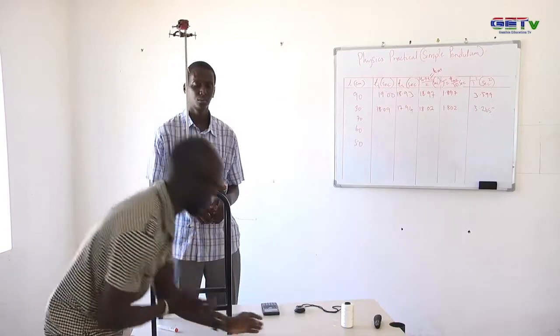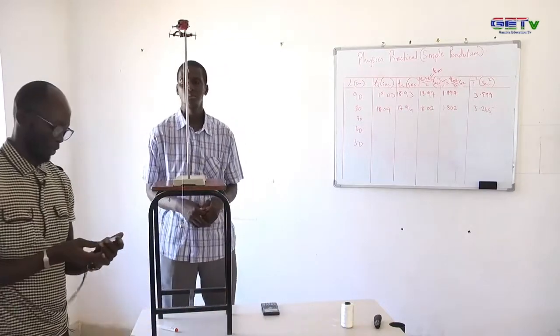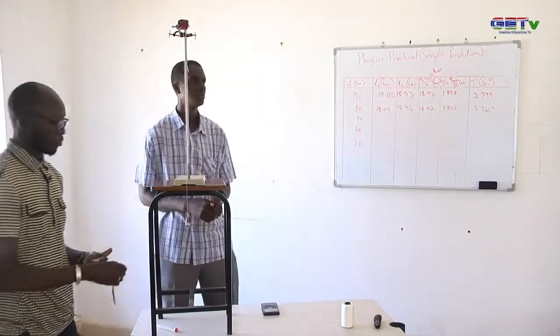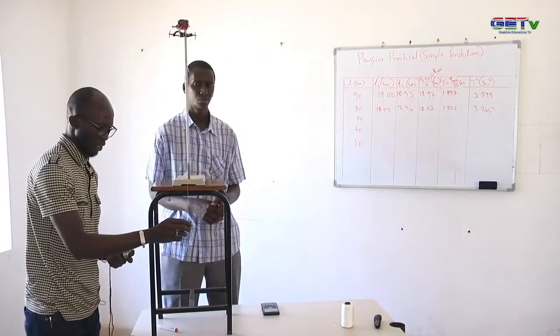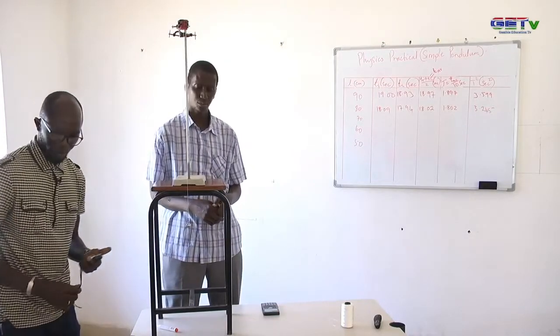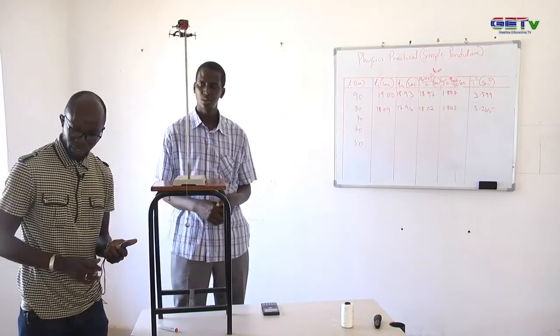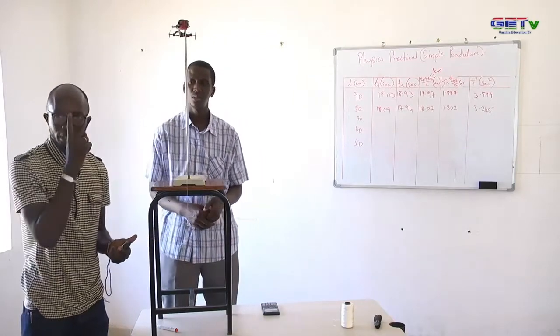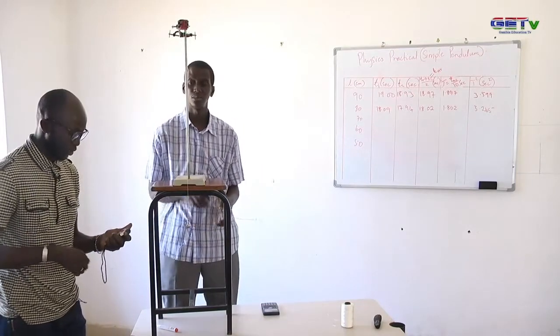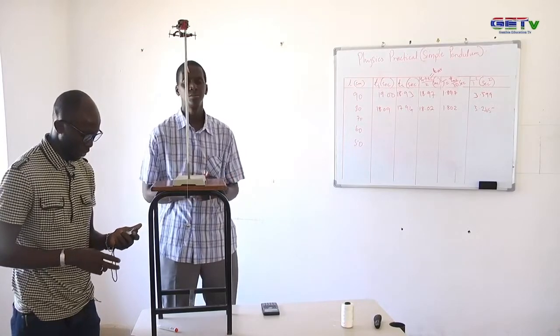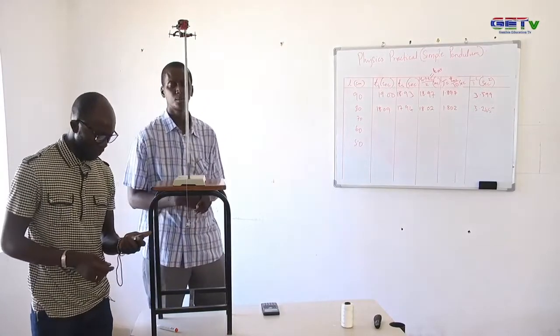I'll reset the stopwatch to 0. And now I'm going to displace it. Now for 70, you only have to displace within 11.7 centimeters, following the previous method that we did.